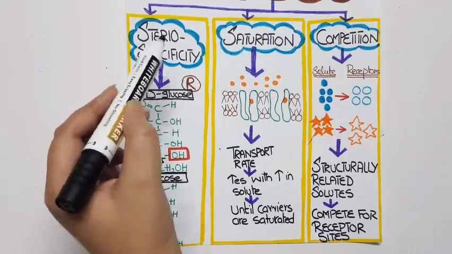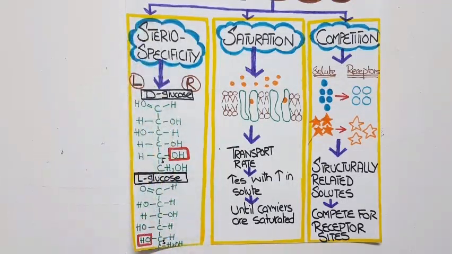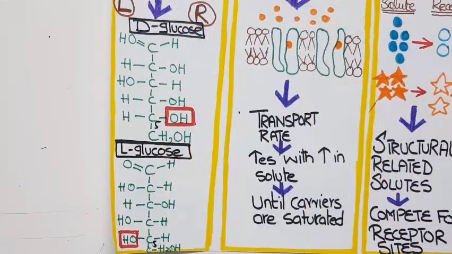Stereospecificity. Stereo here refers to stereoisomers, which are two or more similar molecules that differ only in the spatial arrangement of atoms. D-glucose and L-glucose are stereoisomers. They are similar in structure.